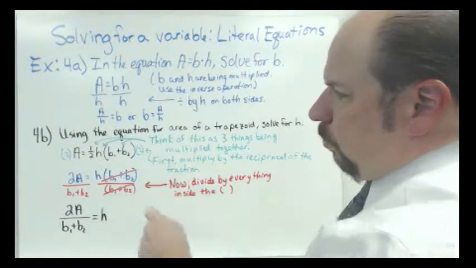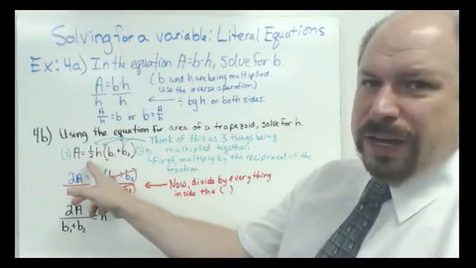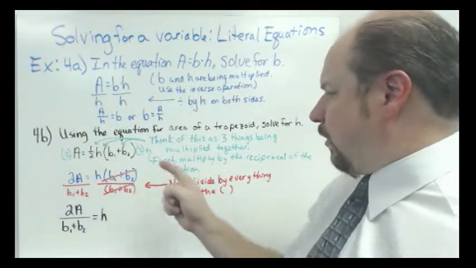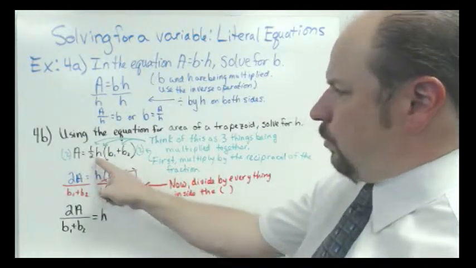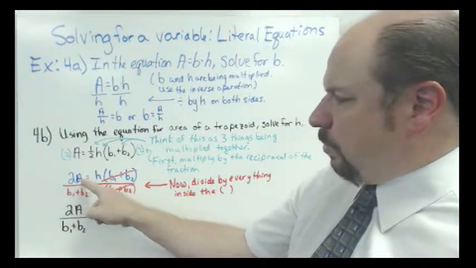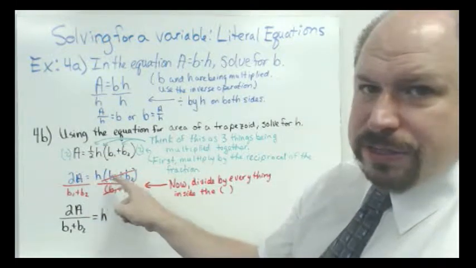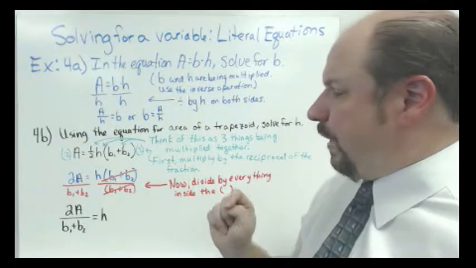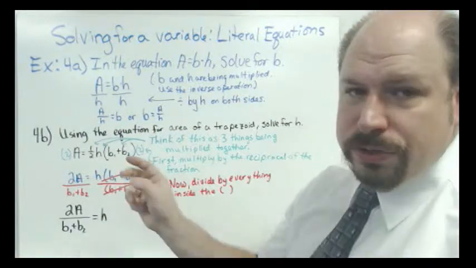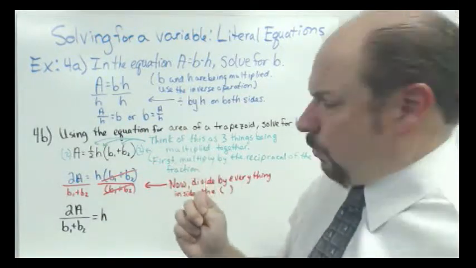Okay, so remember, first thing, we kind of want to get rid of this fraction. So multiply by the reciprocal of the fraction, which is 2 over 1. So multiply both sides by 2. And we get 2A is equal to the height times the quantity, base 1 plus base 2. So now we have 2 things being multiplied together is all.